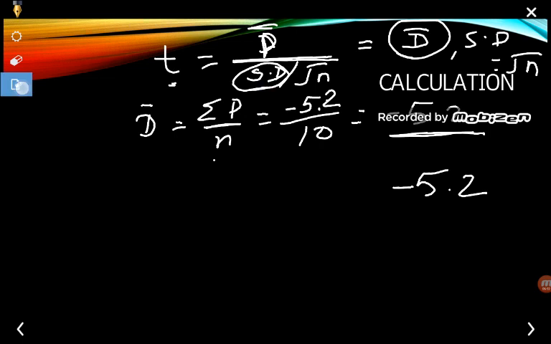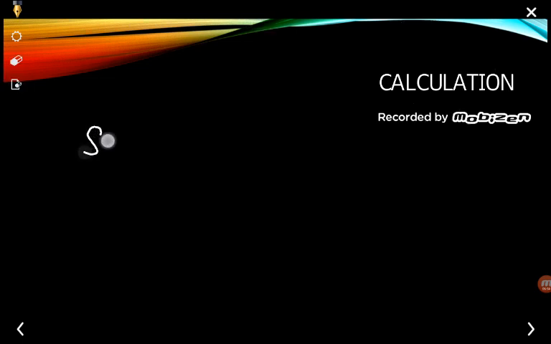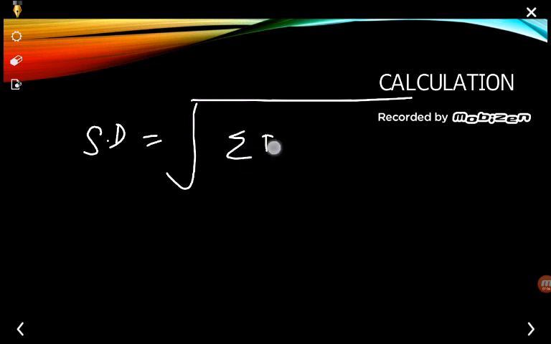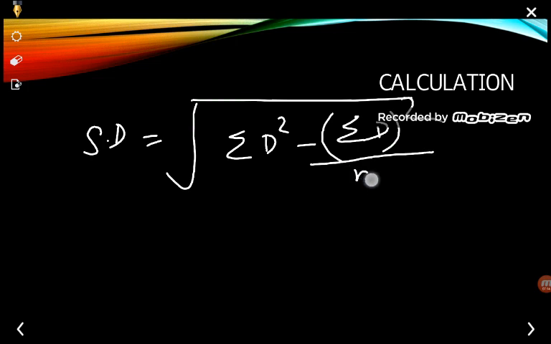So standard deviation is equal to the whole square root of summation of d square minus summation of d the whole square divided by n, the whole divided by n minus 1.